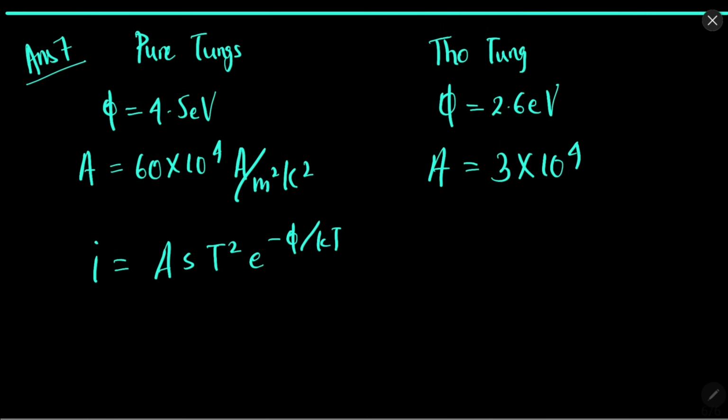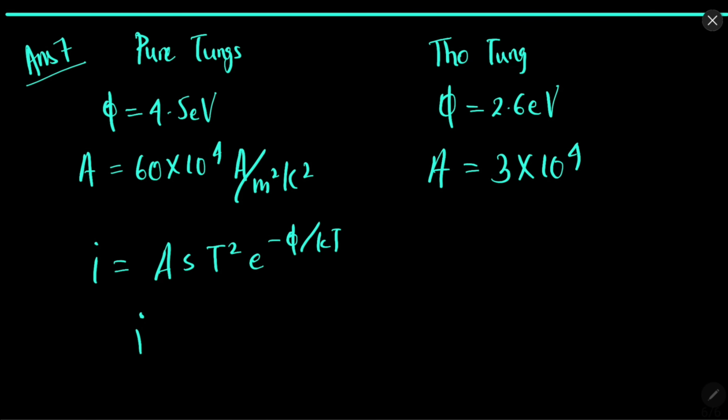So it is given that current for thoriated tungsten is equal to 5000 times normal tungsten.